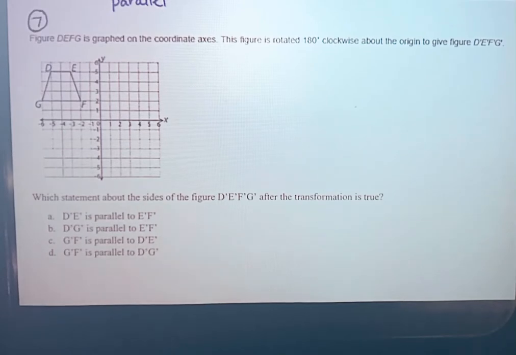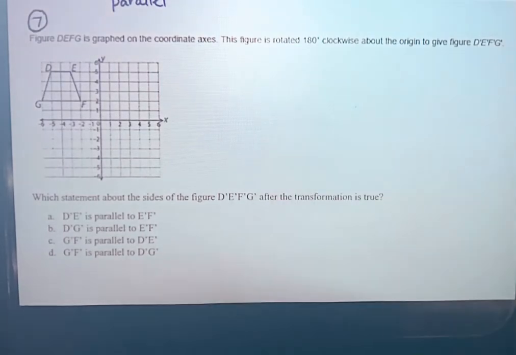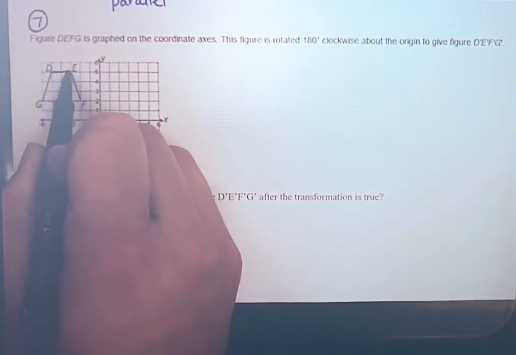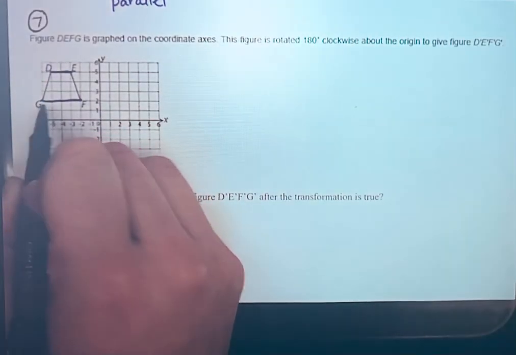So typically for a rotation problem, I would get out the tracing paper and say, okay, let's rotate it. But for this problem, you actually don't have to do any of that, because if something starts out parallel in this image, it's going to end parallel. So we just need to figure out what two lines are parallel in the beginning. And the answer is DE and GF.